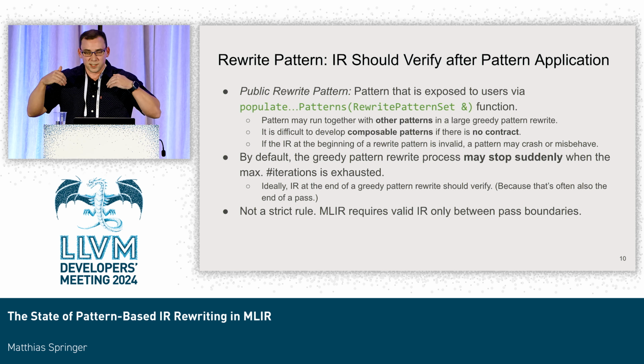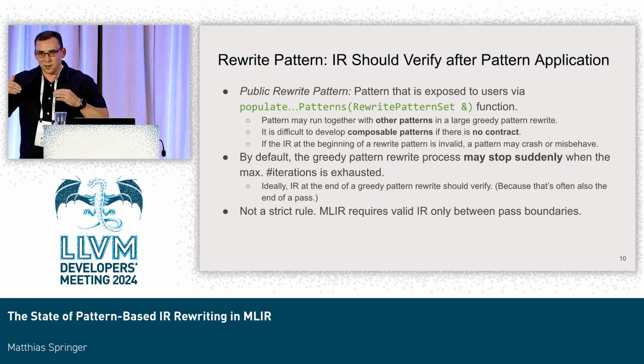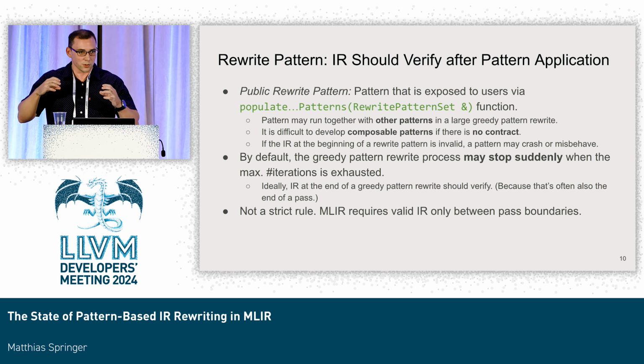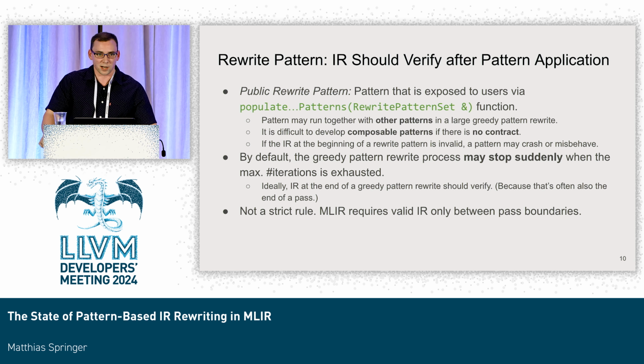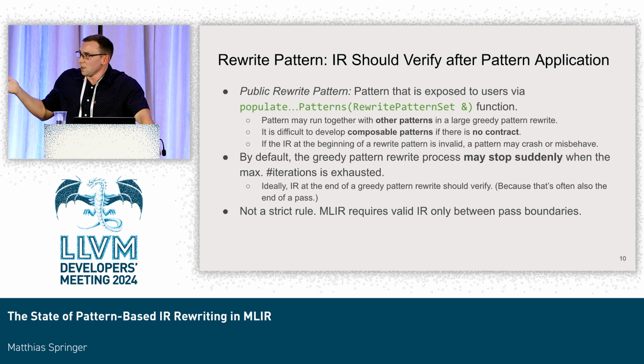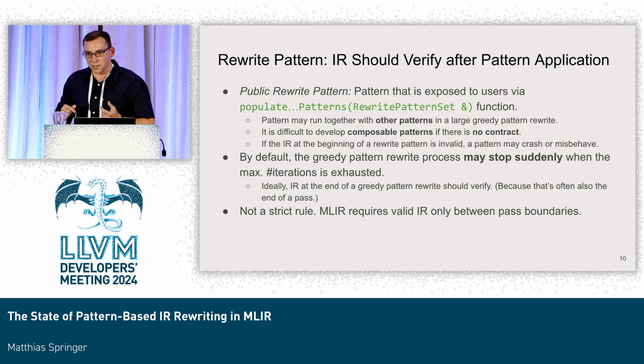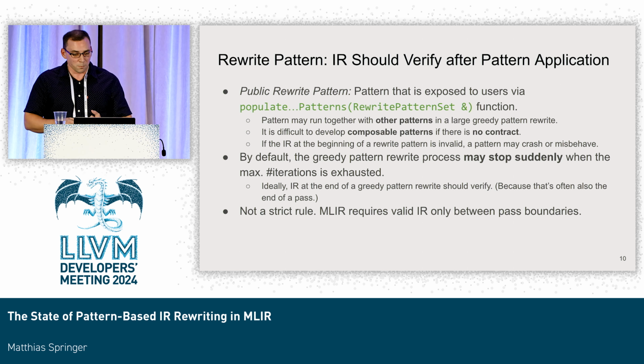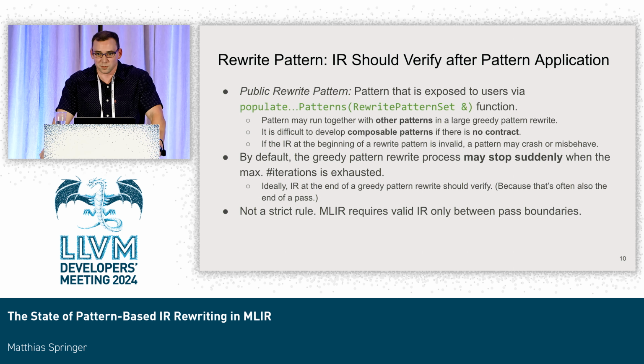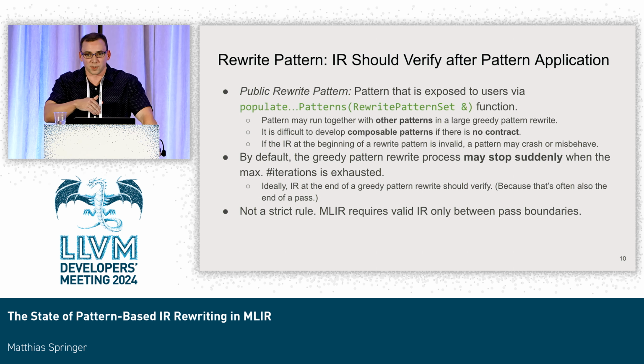And if you see invalid IR, it's really unclear how you build a composable system when you don't know what you can expect at the beginning of a pattern application. So this is not always possible. For example, one case where this is not very useful is if you rewrite function ops and call ops. Typically, you have two separate patterns for that, and in between those, the IR is invalid because the signature has been changed, but the call op has not been changed. So this is not always possible.